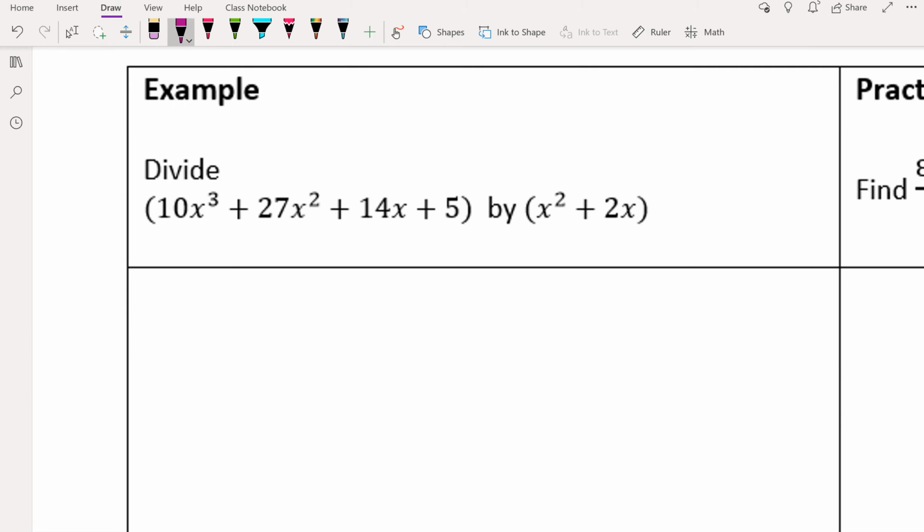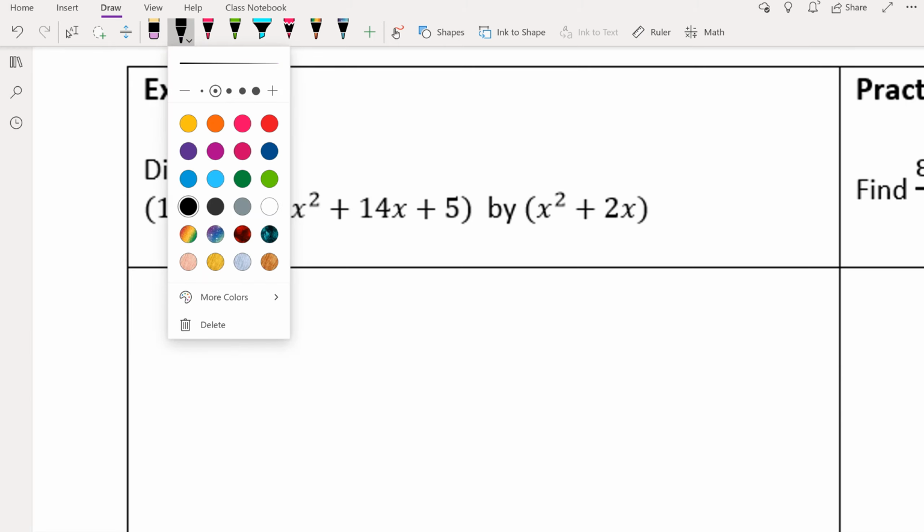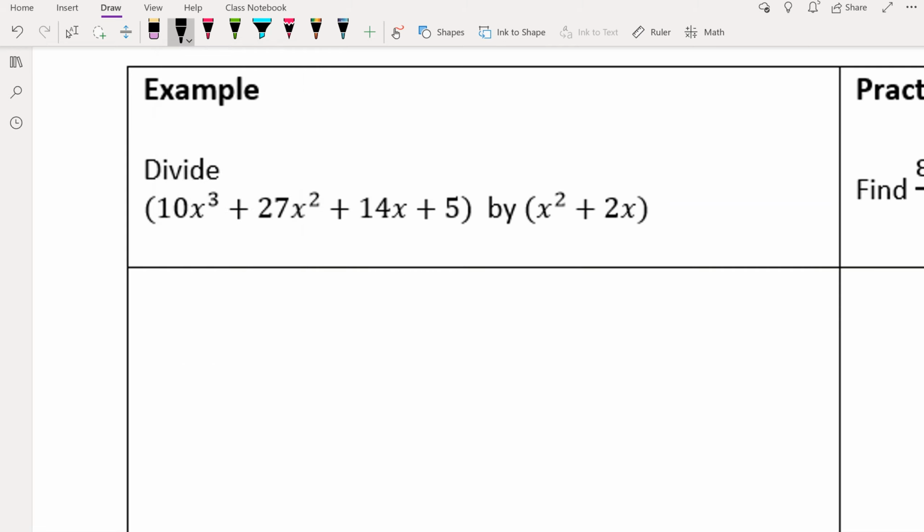All right, and the first thing that I'm going to do is write this in a way that I like to see it. So when I see it in this form, what goes on top? Does the first term go on top or does the second term go on top when I'm making it a fraction? Okay, hopefully you saw the first term.